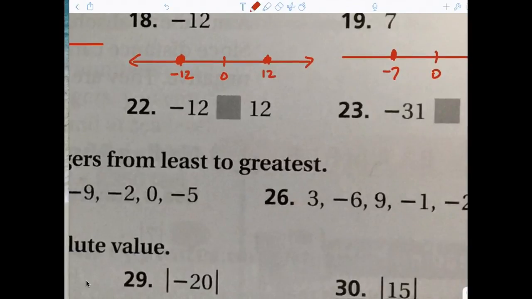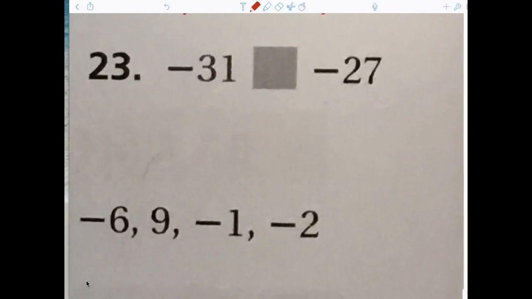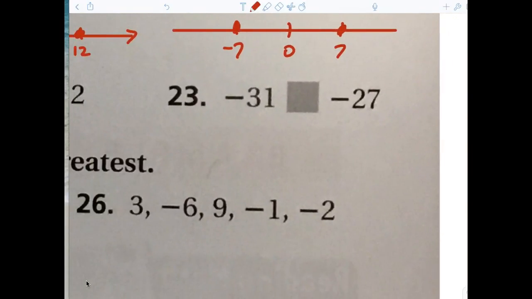No, Gavin. -12 compared to 12. -12 is less than 12. Beautiful. And I like the way you guys are reading from left to right. Mr. McElfatrick, you got the tricky one now. Think smart. Very nice. -31 is less than -27. Is everybody happy with that?